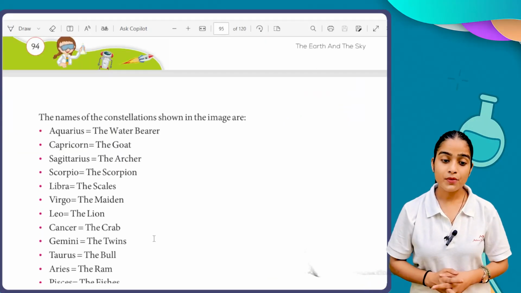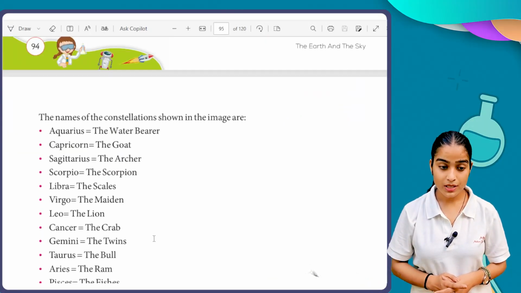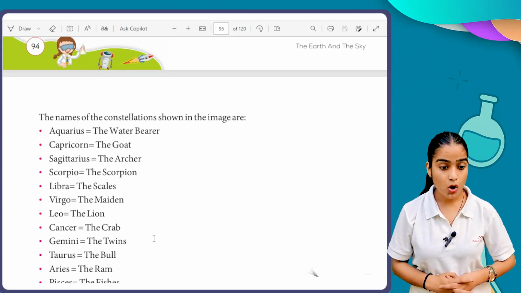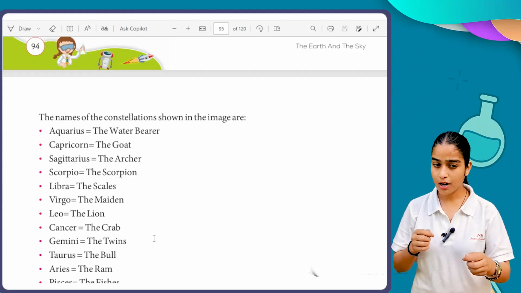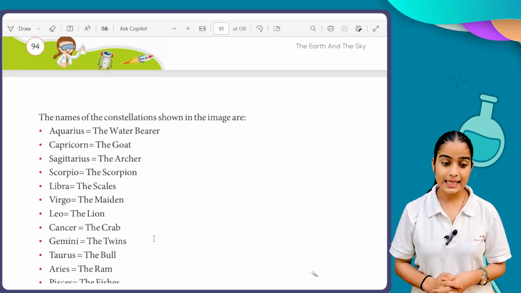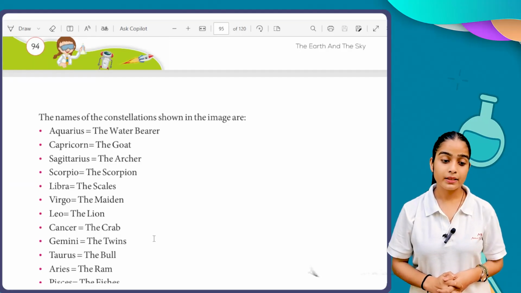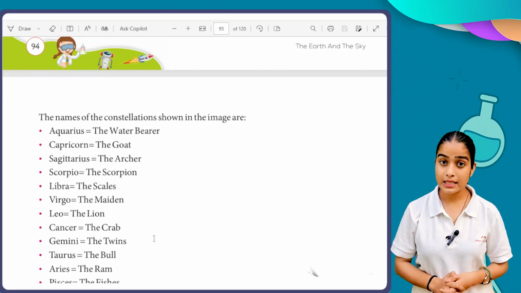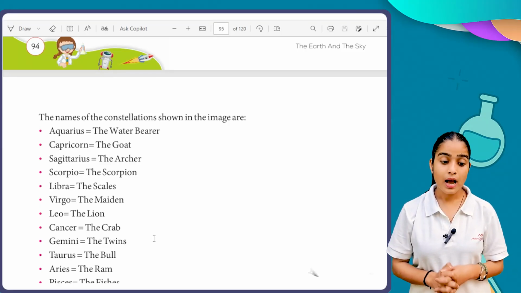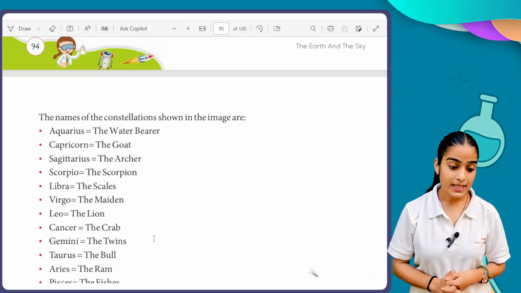Now the names of the constellations shown in the images are Aquarius, the water bearer; Capricorn, the goat; Sagittarius, the archer; Scorpio, the scorpion; Libra, the scales; Virgo, the maiden; Leo, the lion; Cancer, the crab; Gemini, the twins; Taurus, the bull; Aries, the ram; Pisces, the fishes.